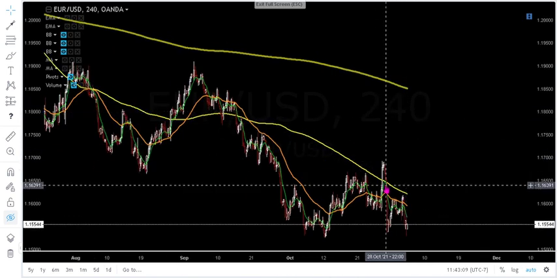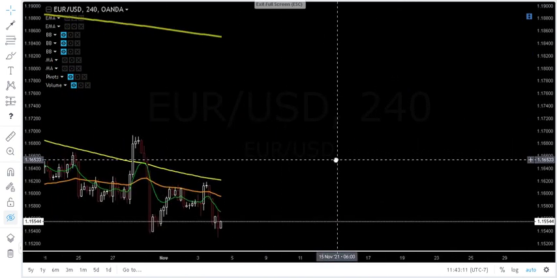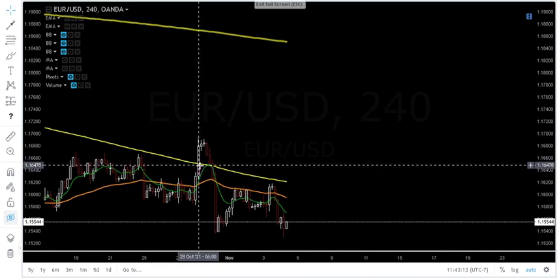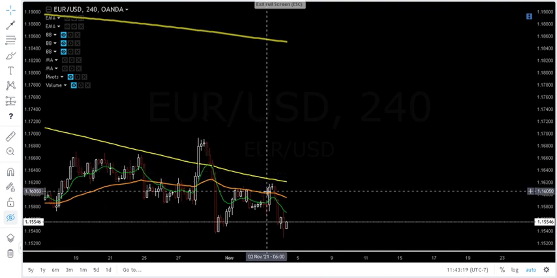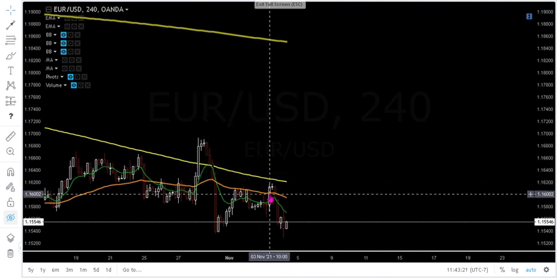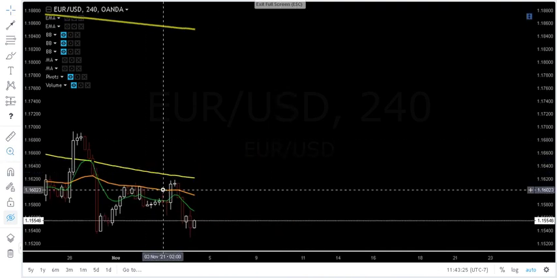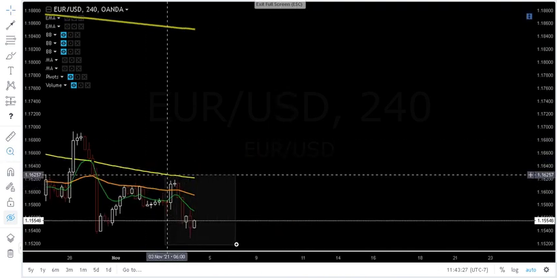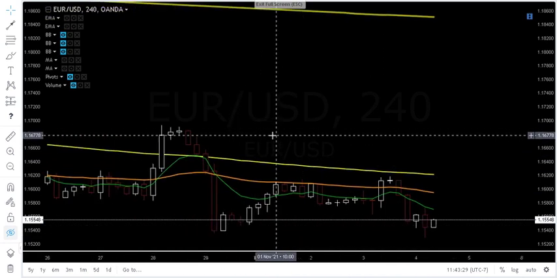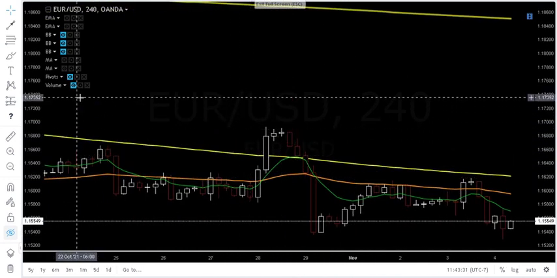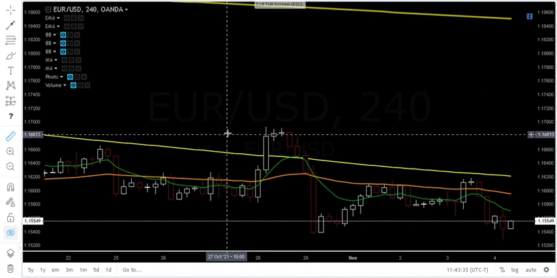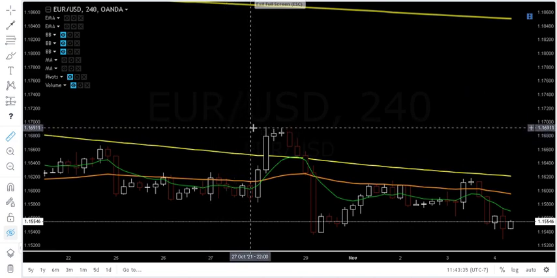But this is the spike that happened yesterday. Was this yesterday? Yeah, this was crazy. No, that was the 28th of October. Okay. It was a spike that happened. Yeah, this is it right here. This is the spike I was talking about. Yeah, this price shot up like 280 pips. Let me measure it.